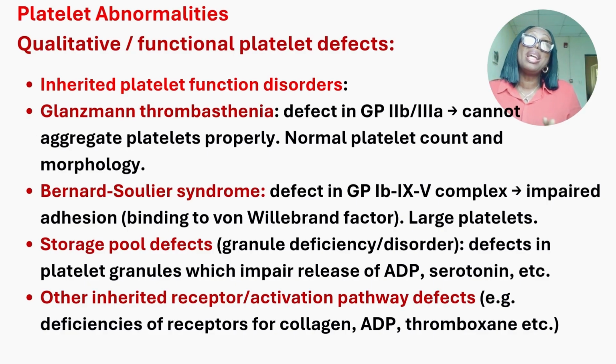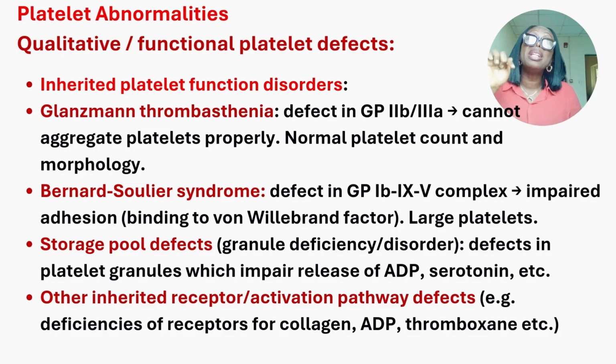Platelets normally circulate within the blood circulation and have no business adhering to the vessel endothelium. But once the vessel is injured, the subendothelium is exposed, and this subendothelium contains von Willebrand factor, which is what attracts platelets to the site of injury.